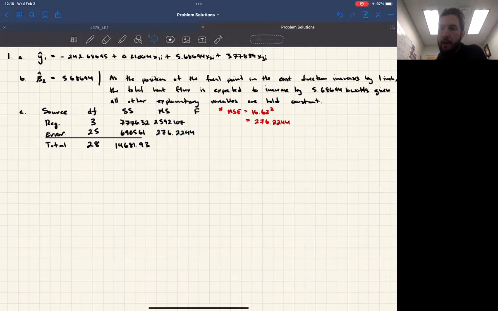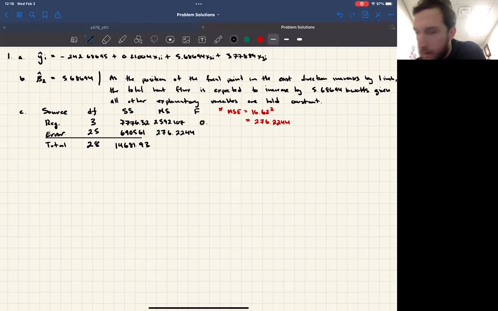And then we can get the F value by dividing the MS regression by the MS error. So that's 0.375.